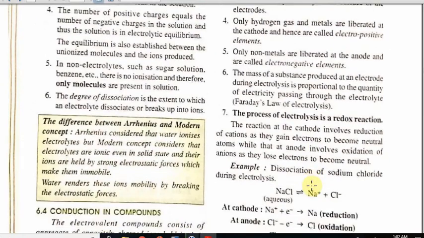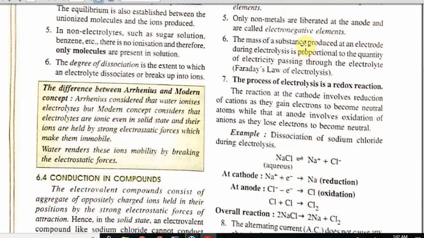The mass of substance produced at an electrode during electrolysis is proportional to quantity of electricity passing through the electrolyte and the time also. This is called Faraday's law of electrolysis. More about Faraday's law of electrolysis is in class 11 chemistry.